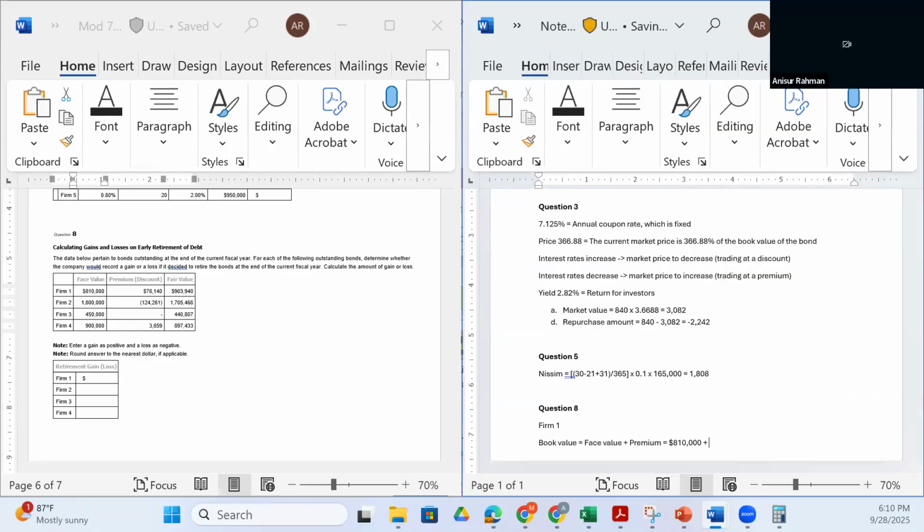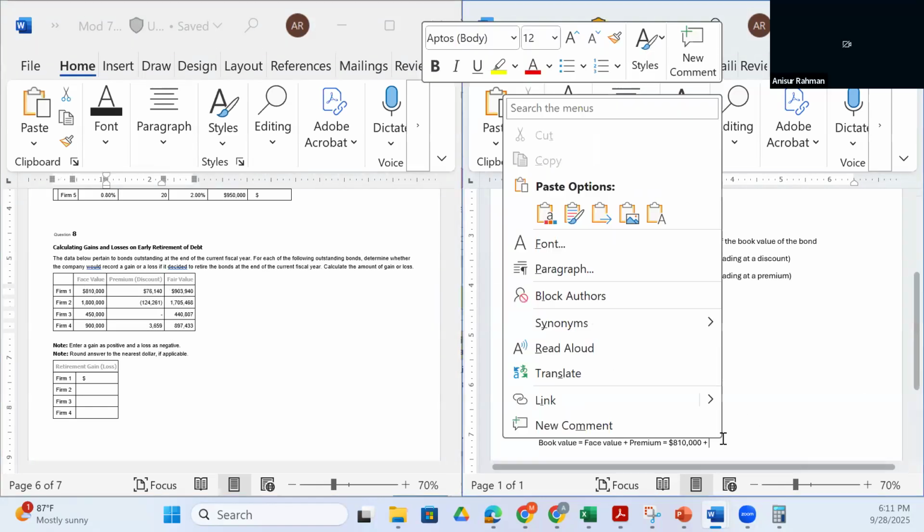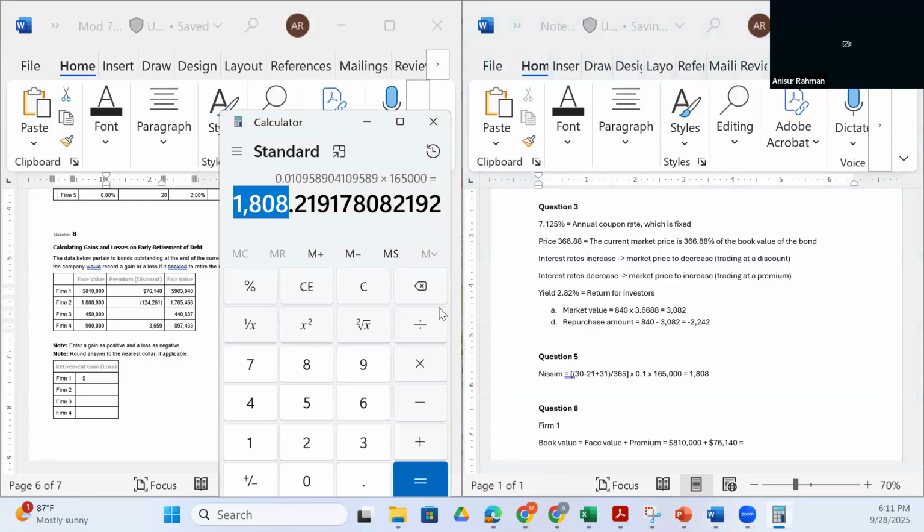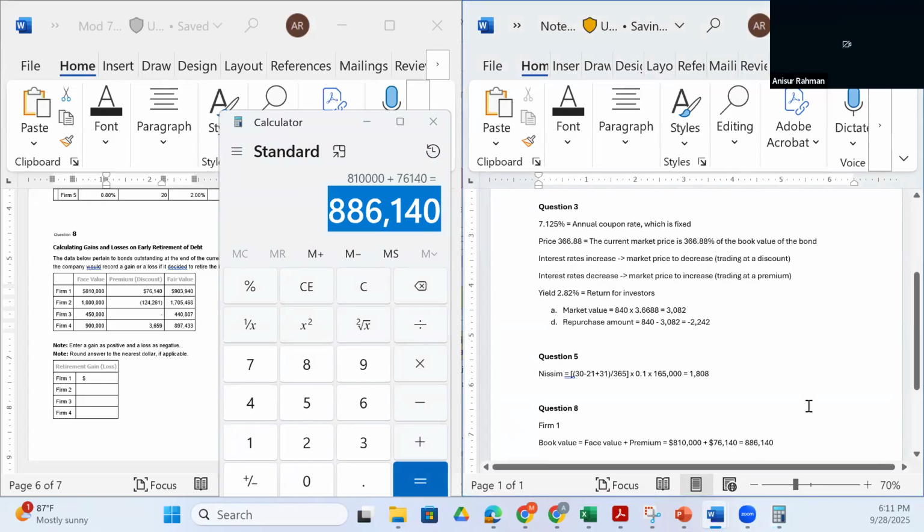And then we also have a premium, so we'll add it. So that becomes our book value.